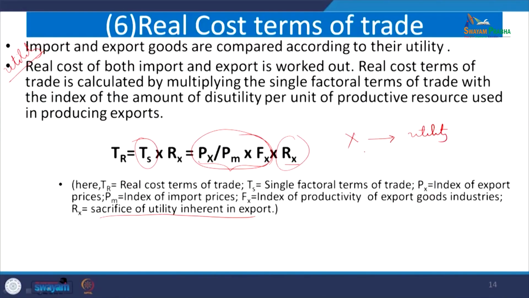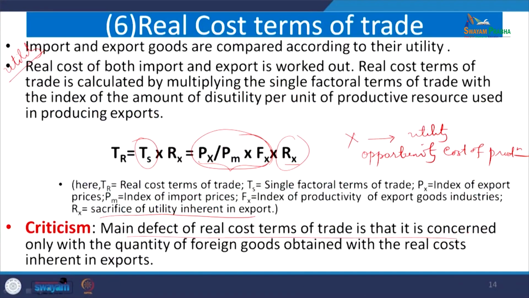Now, if we multiply it, we find the total utility forgone. So, this actually measures the exact opportunity cost of production for exporting a product. This measures our utility which has been forgone, and therefore this is the exact valuation of our product. The criticism is that it is very difficult to measure. One main defect is that it is concerned only with the quantity of foreign goods obtained with the real cost of products which are exported.